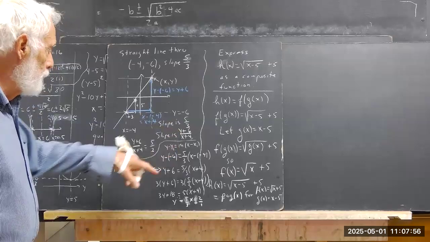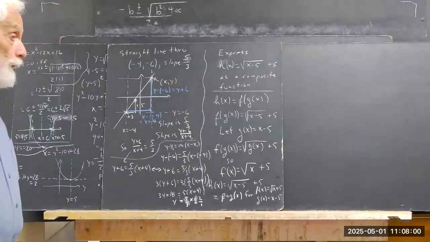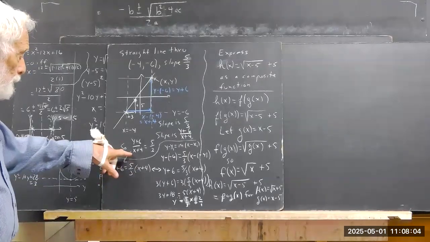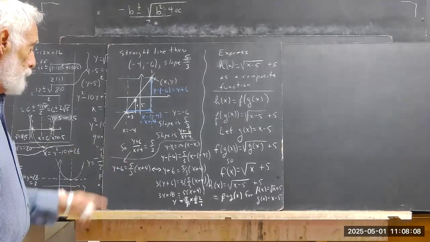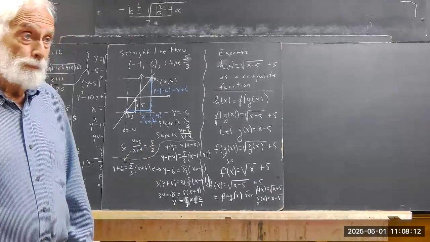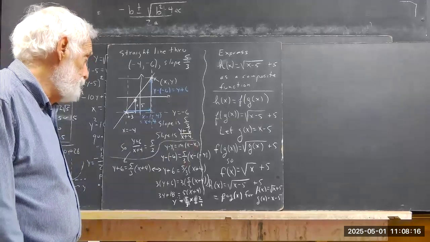If the slope is this and the slope is this, then this has to equal this. So we write that as an equation, and we can solve that equation for y. We start by multiplying both sides by x plus 4, and we go from there. Now, if you use the formula, it's y minus y1 equals m times x minus x1.